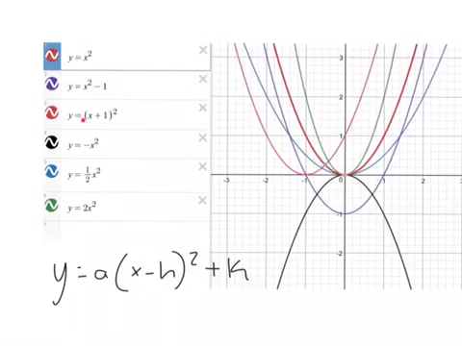For the next one, it's a horizontal shift. So we used y equals (x plus 1) squared. That plus 1 is the key of the horizontal shift, which is this h here.